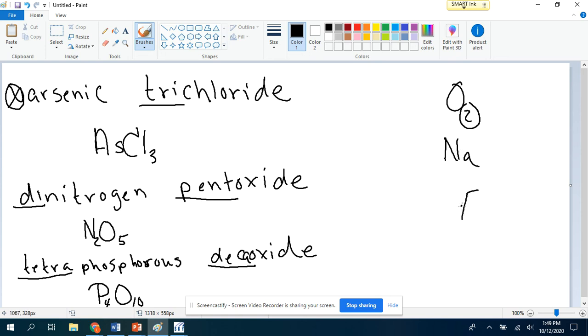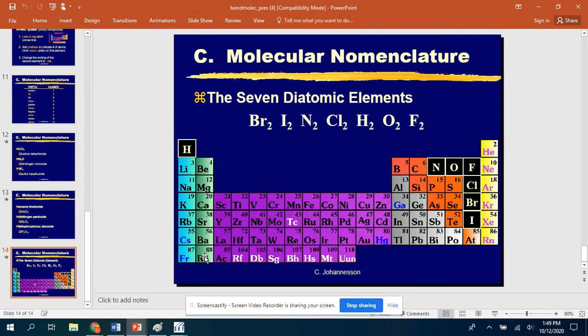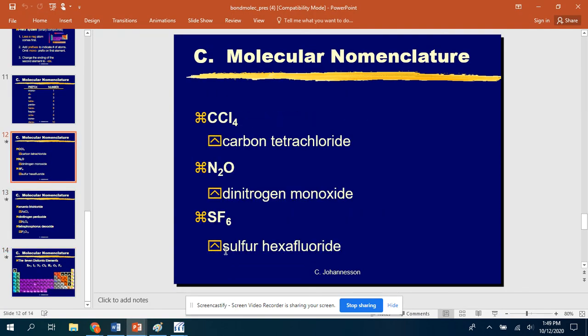So like fluorine, have to put the little 2. Chlorine has to have the little 2. Hydrogen has to have the little 2, all right? Other elements that are not those 7, magnesium, no 2, okay? And it's only when you write them all by themselves that comes into play, all right? Okay, and that's it for these guys.